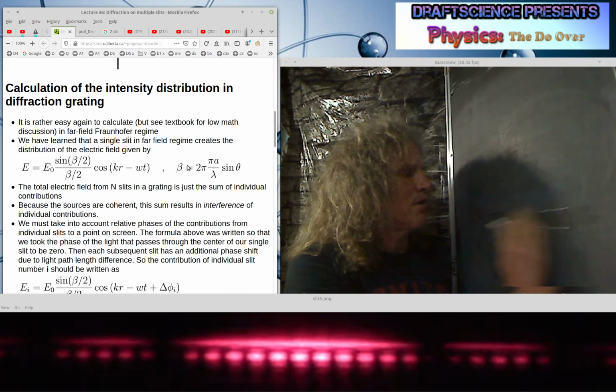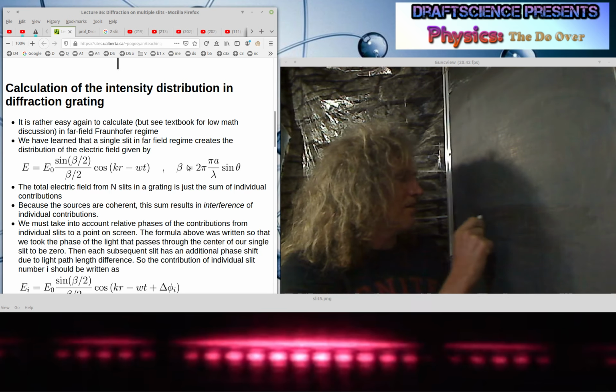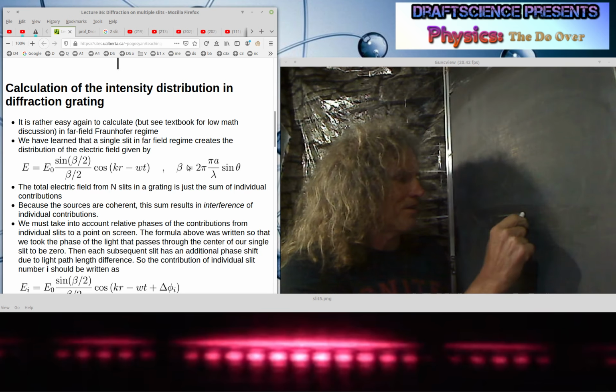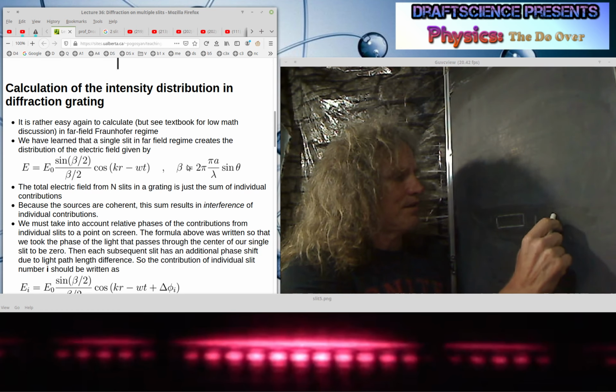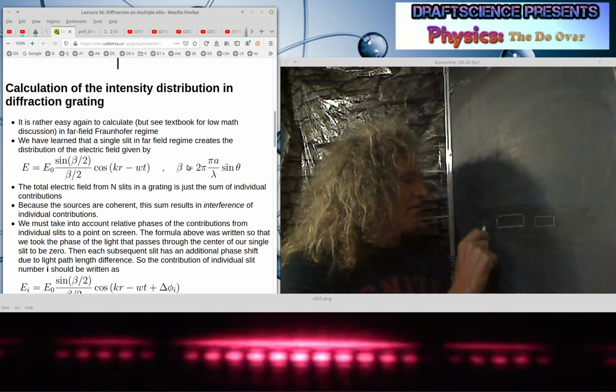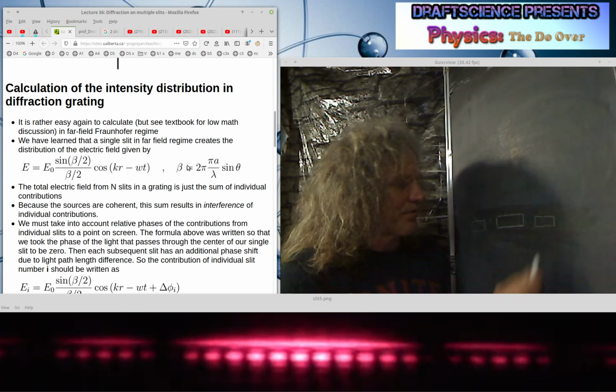I should do it on the screen, right? So let's use this as the middle one. And then we have a little smaller one here and a smaller one over here, just to abbreviate it. So that would be the single slit pattern.